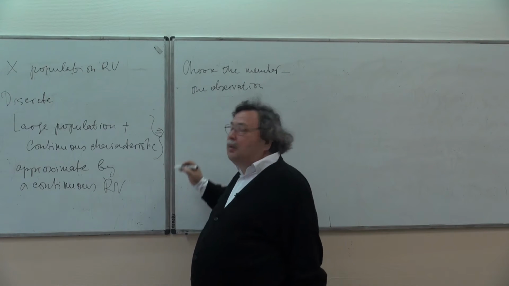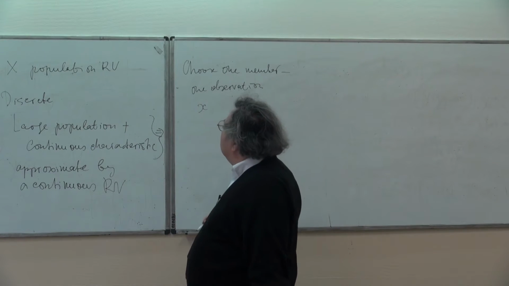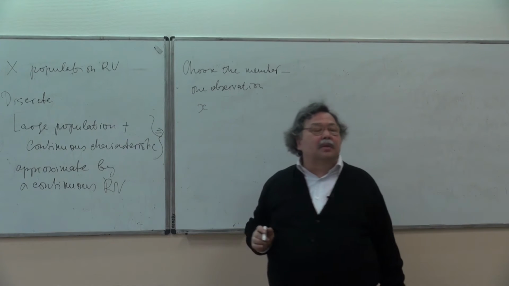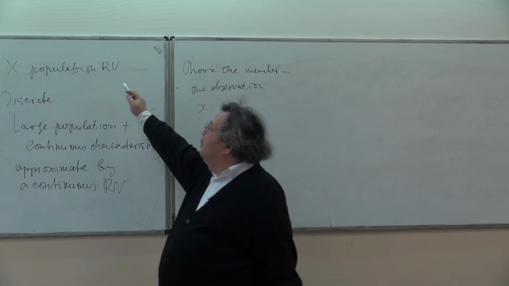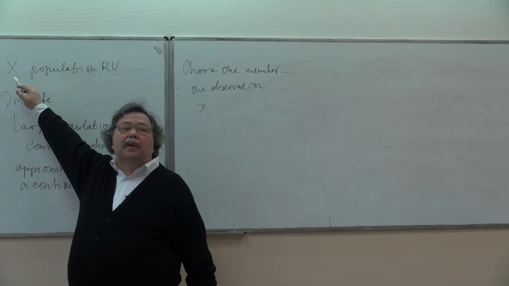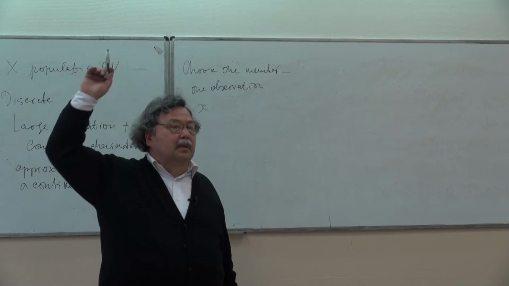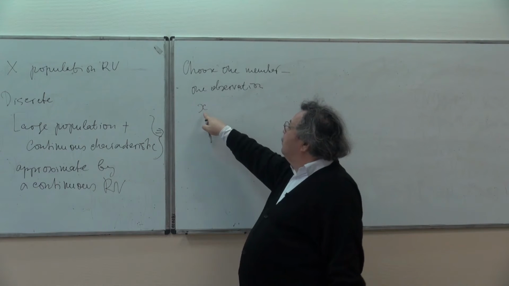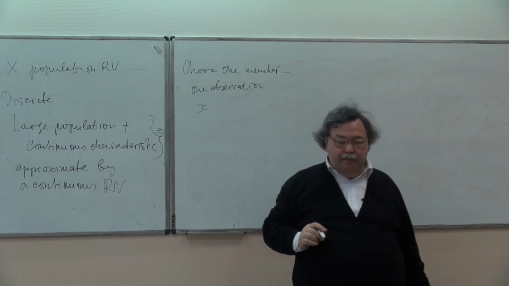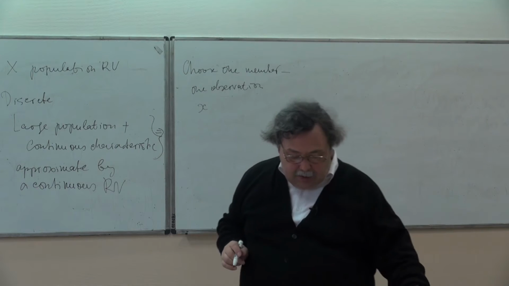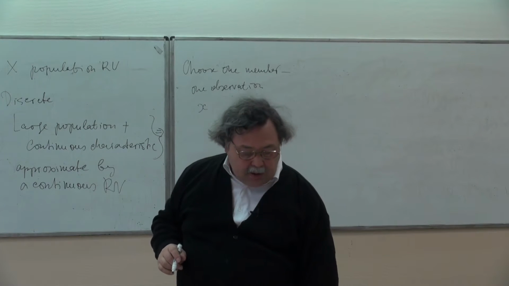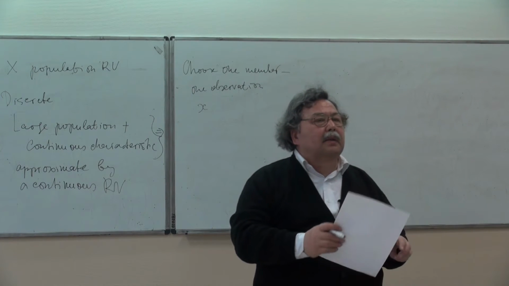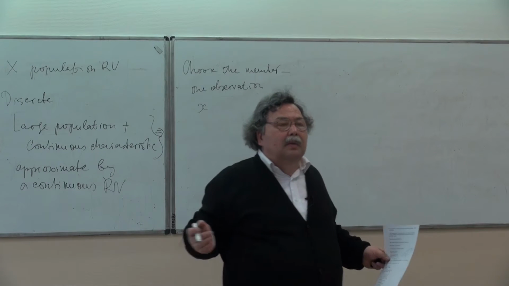And the observed value is denoted by x lowercase. There is a certain tradition here. The population variable, the random variable, is denoted by x capital. And the particular value that we observe is denoted by x lowercase. Suppose we choose just one member and observe just one value.